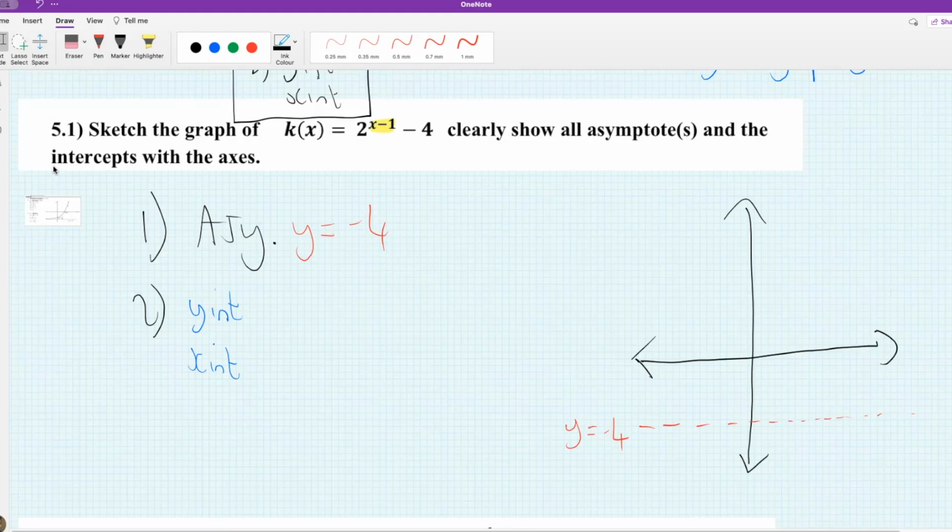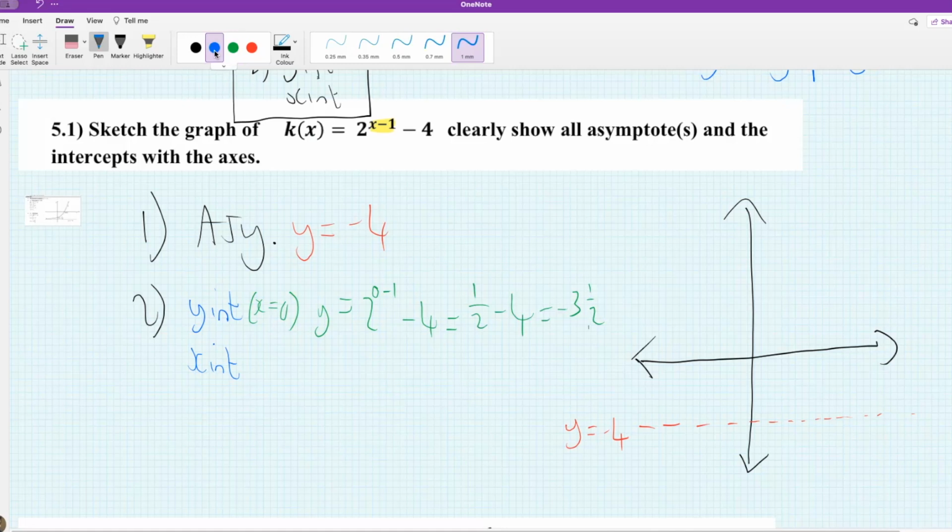Okay, what is the y-intercept? I'm going to make x 0. Now, if I do that, I'm going to get 2 to the power of 0 minus 1 minus 4, which is actually the same as a half minus 4, which is minus 3.5.